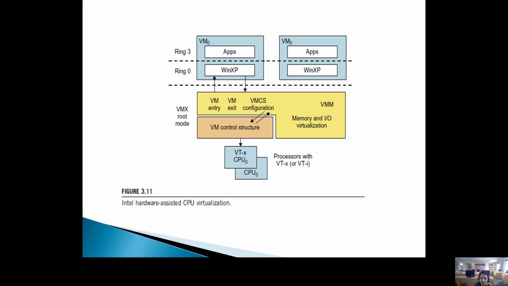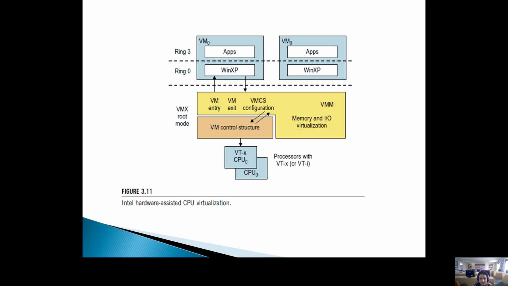A RISC CPU architecture can be naturally virtualized because the control and behavior sensitive instructions are privileged instructions, while the microprocessor CPU architecture is not primarily designed to support virtualization. So this is the working of this diagram.